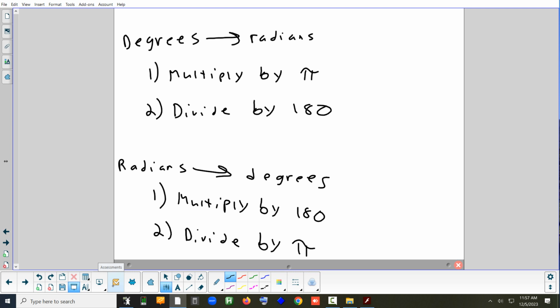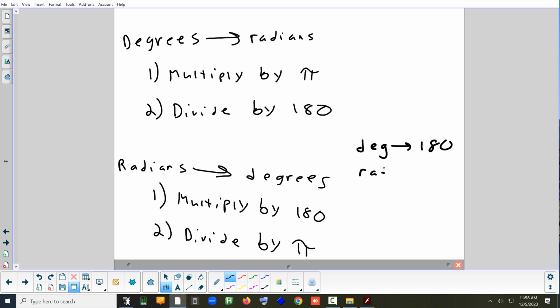Now it can be easy to mix these up. Like multiply by pi, divide by pi, which one was it? Well, there's an easy way I can help you to remember it. When I say degrees, I want you to think of the number 180. I want you to connect those two things in your head. Connect the idea of degrees with the number 180.